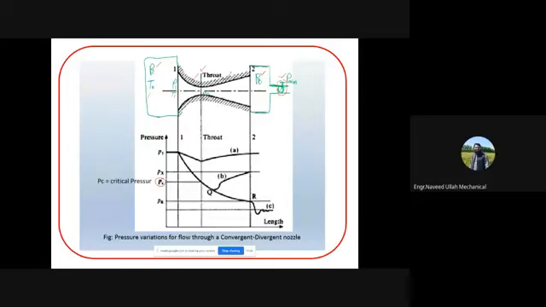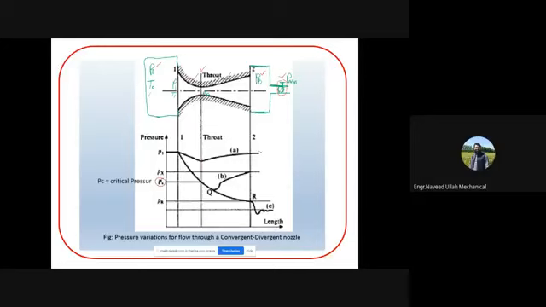So for subsonic flow, when the flow is moving to the throat, the velocity increases and pressure drops. And after this throat, since this is the divergent section, the pressure increases and the velocity decreases.